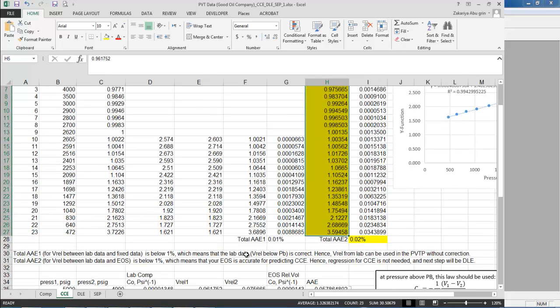So now we still have no error here. So we say okay here, okay here. Let's see what happened with DLE and separator test. Are we in the okay range or not?